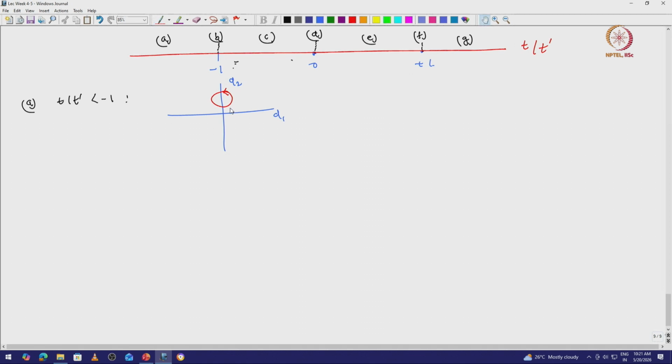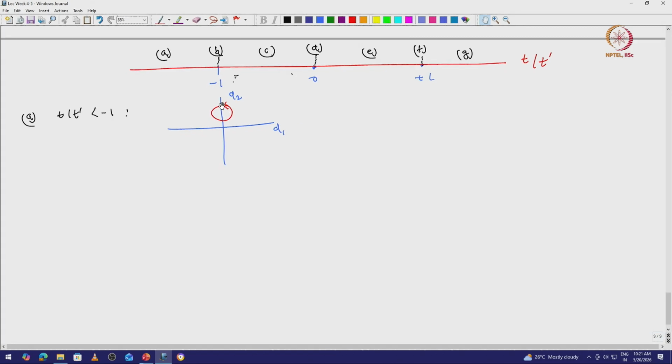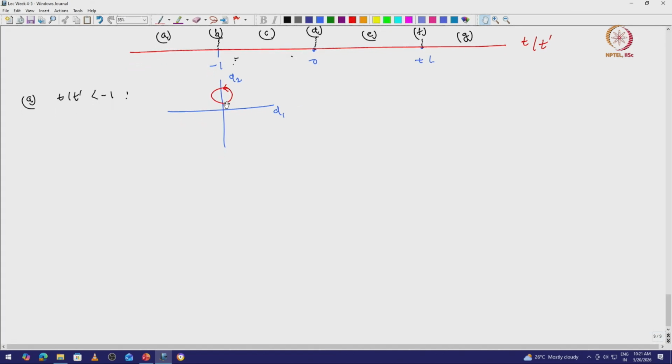D1 always changes sign. So, it will go to 0 here and here. So, you start from minus pi, go to 0, then you go to plus pi. So, you close a loop, but D2 does not change sign because of this region.